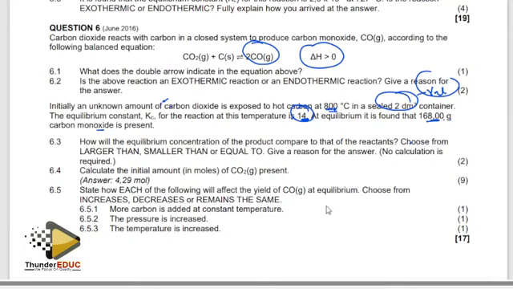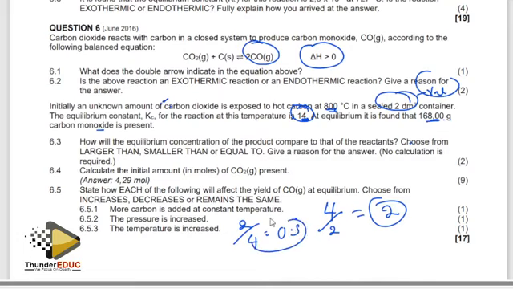If the product is 4 and the reactant is 2, the answer is gonna be 2. You understand? Now if the product is 2 and the reactant is 4, the answer is gonna be 0.5. You see?